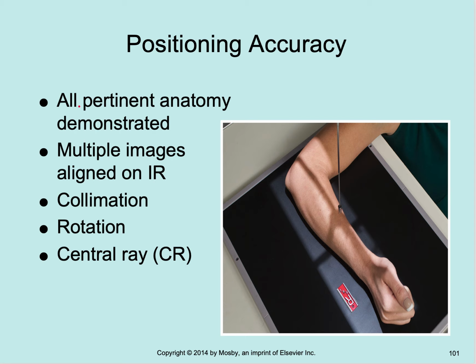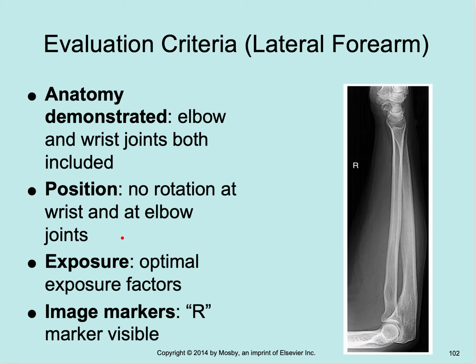So positioning accuracy, you want all the pertinent anatomy demonstrated, which means when you collimate, everything in that light is what's going to show up. So do you have everything that's required for the image? Multiple images are going to be used, aligned on the image receptor. You're going to use collimation. You may have to rotate the hand, and then you're going to pay attention to your central ray.